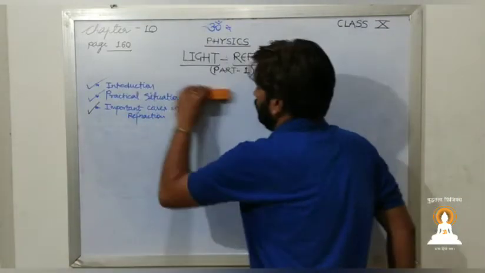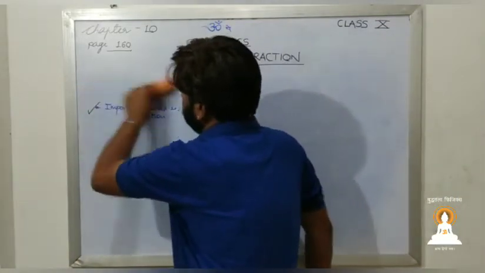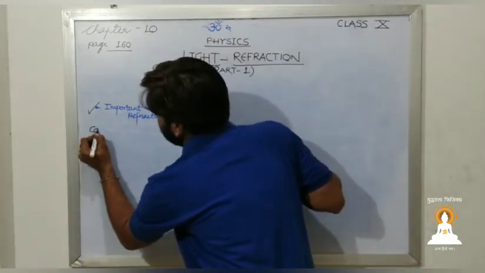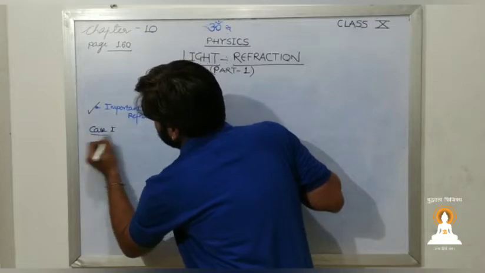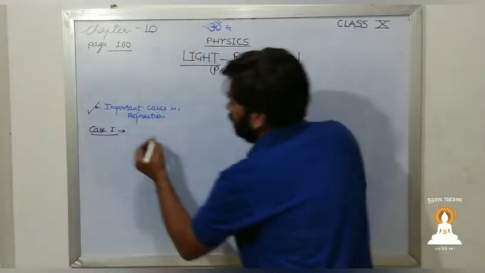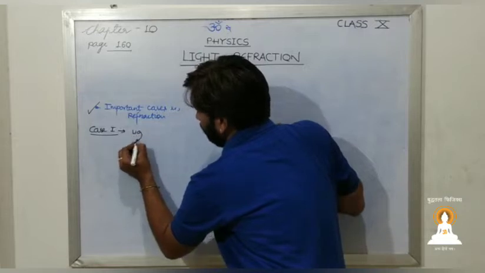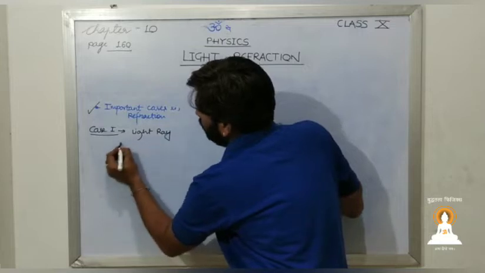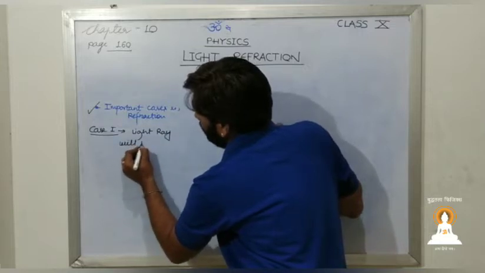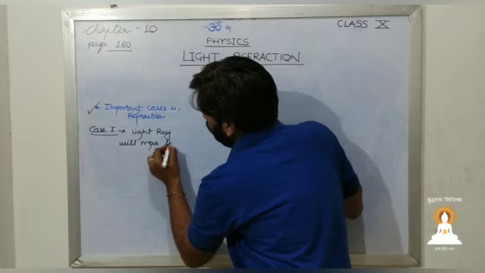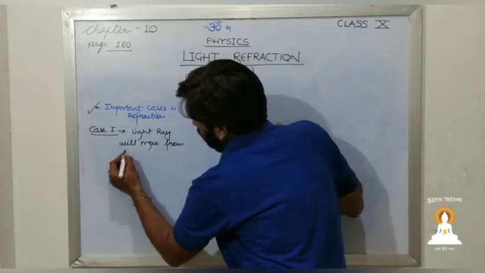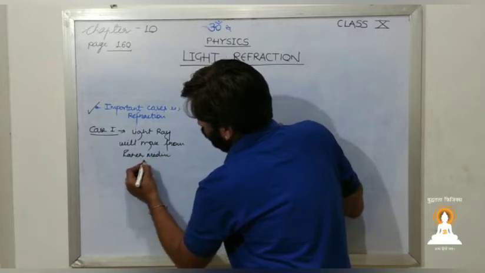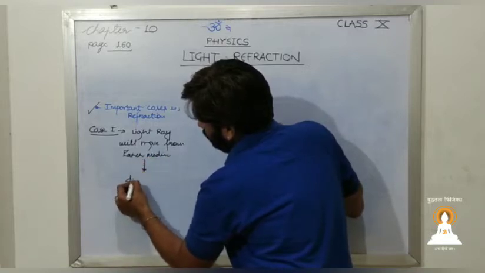In case number 1, the light ray will move from a rarer medium towards a denser medium.